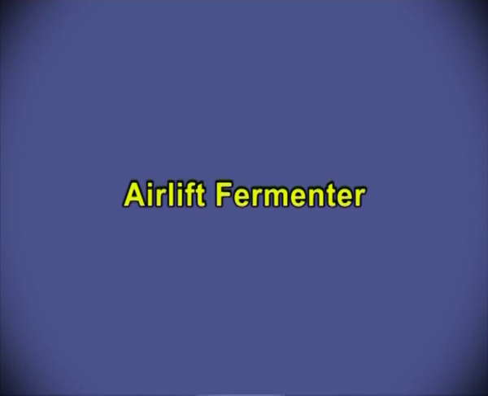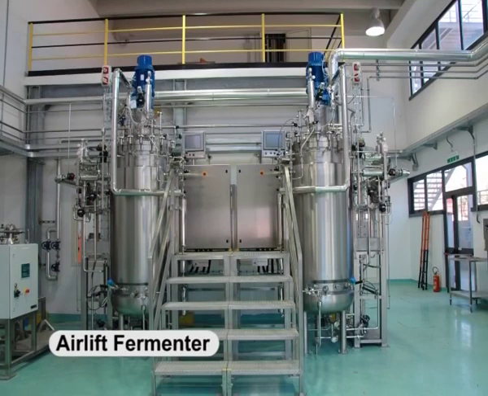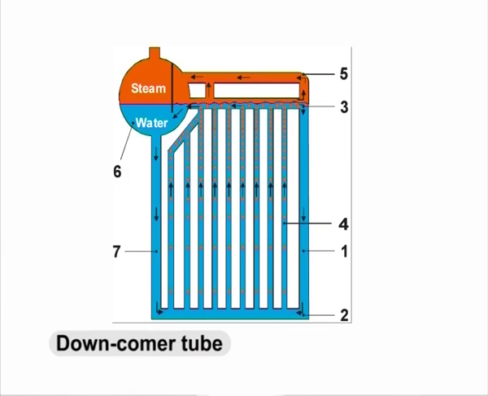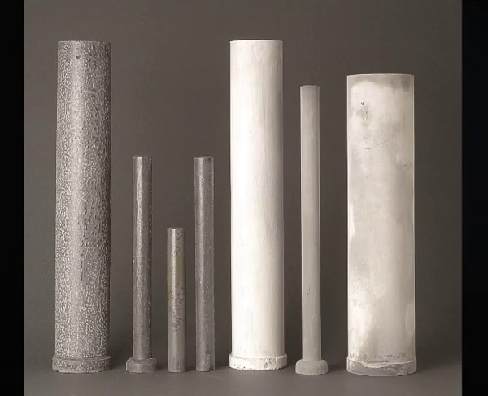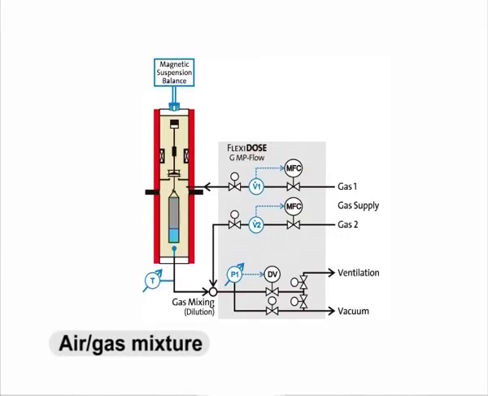Airlift fermenter. An airlift fermenter consists of a gas tight baffled riser tube or draught tube. Gas rises through this tube, connected to a downcomer tube, that is, broth flows down through this tube. The riser tube may be placed within the downcomer tube or it may be externally located and connected to the latter. Air or gas mixture is introduced into the base of the riser tube by a sparger.